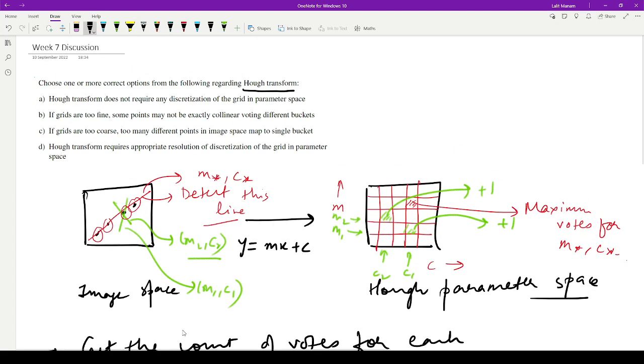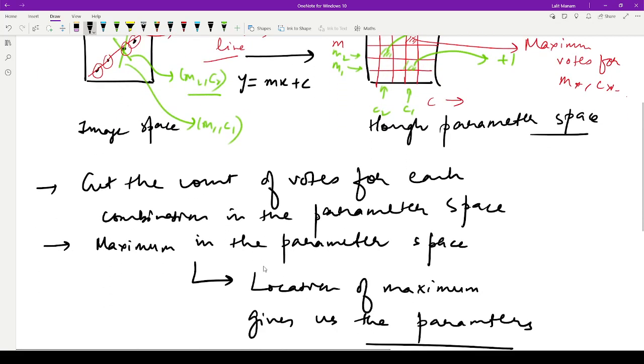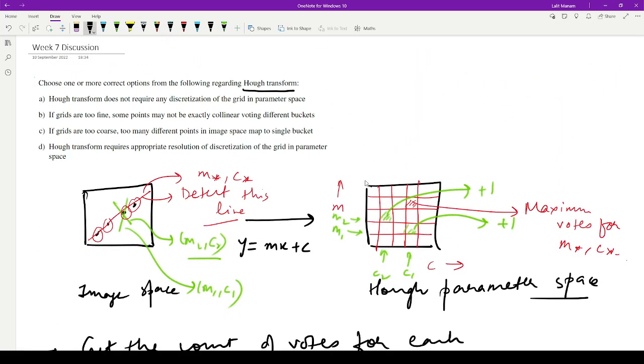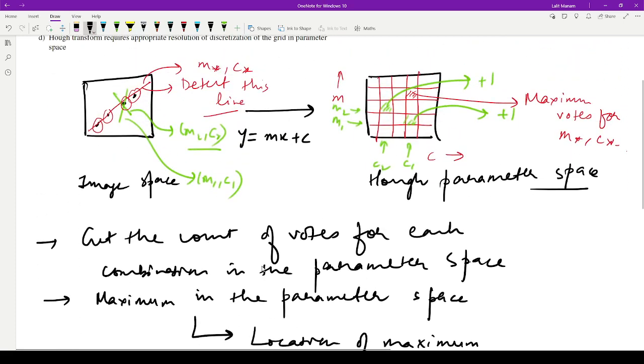Okay. If it's clear, then I think this question will be pretty easy for you. The whole idea is we want to convert things from image space to some parameter space. We specifically call it Hough parameter space, and this transformation is called Hough transformation. It's just a voting mechanism. We check for different curves.